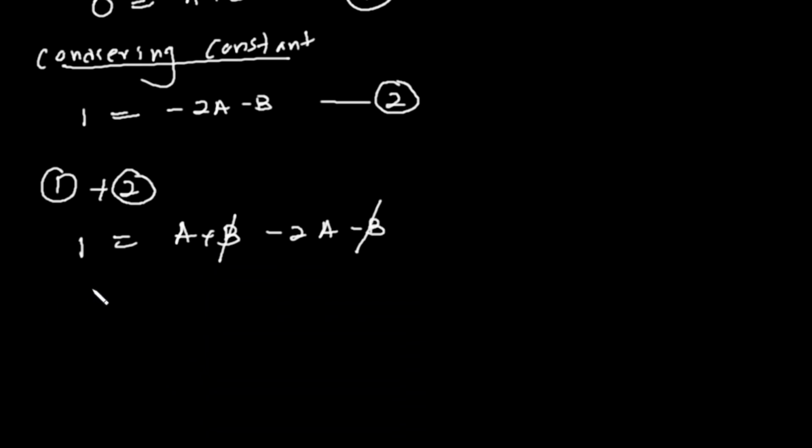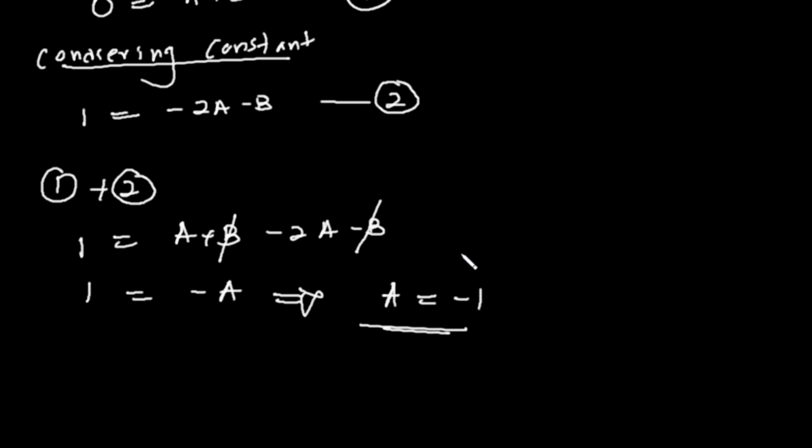Now we have 1 equals, a minus 2a means minus a, so we get a equals minus 1. Sorry, we get a equals minus 1. You can see before we already got a equals minus 1. Now we also get a equals minus 1.